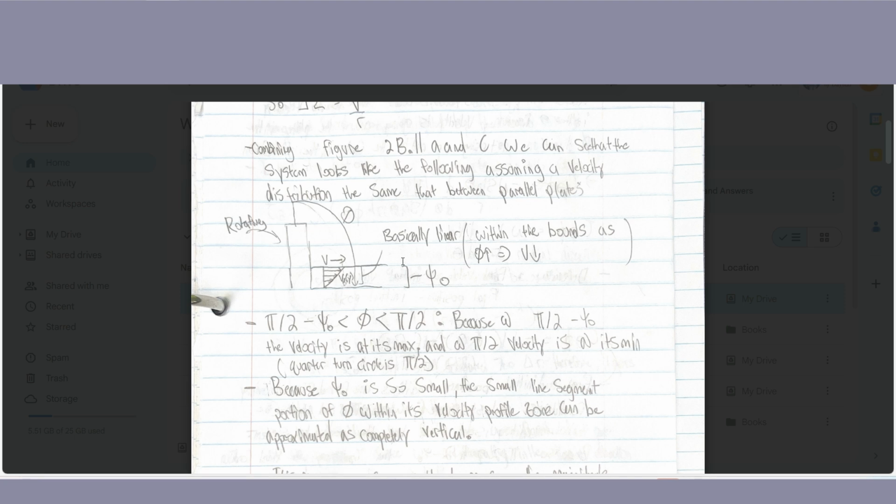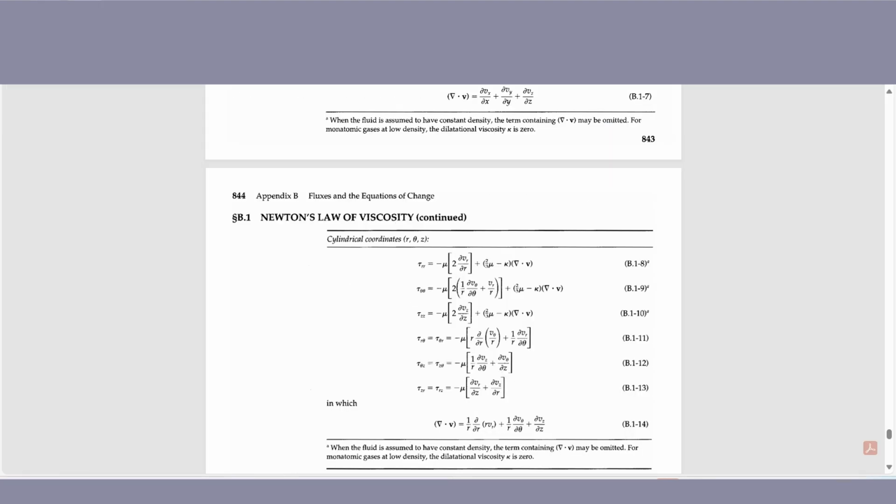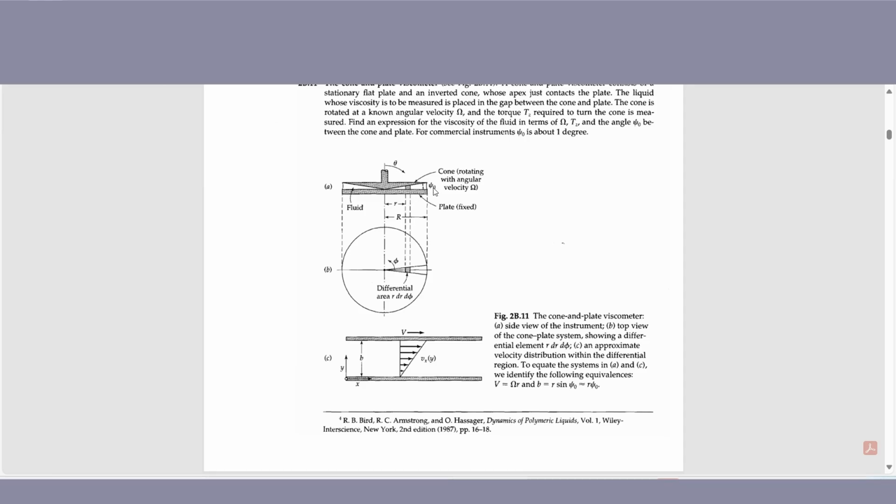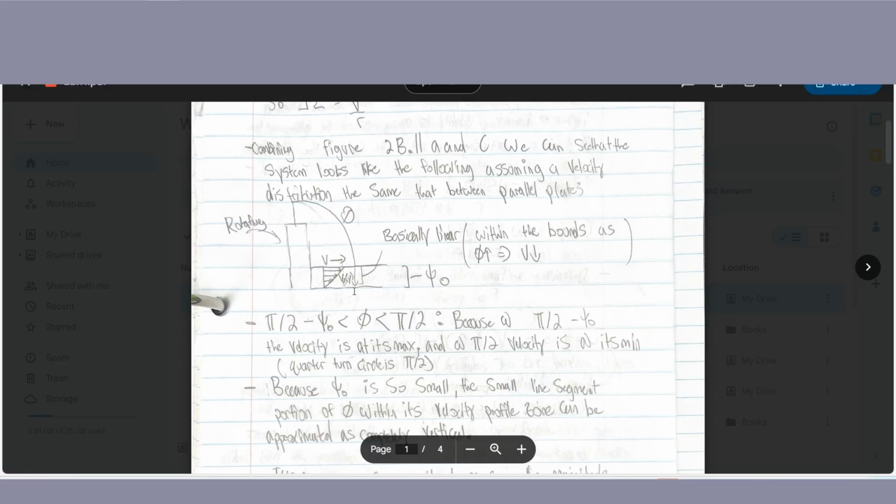If this distance here is this trident thing in the drawing, we're calling that distance the trident.